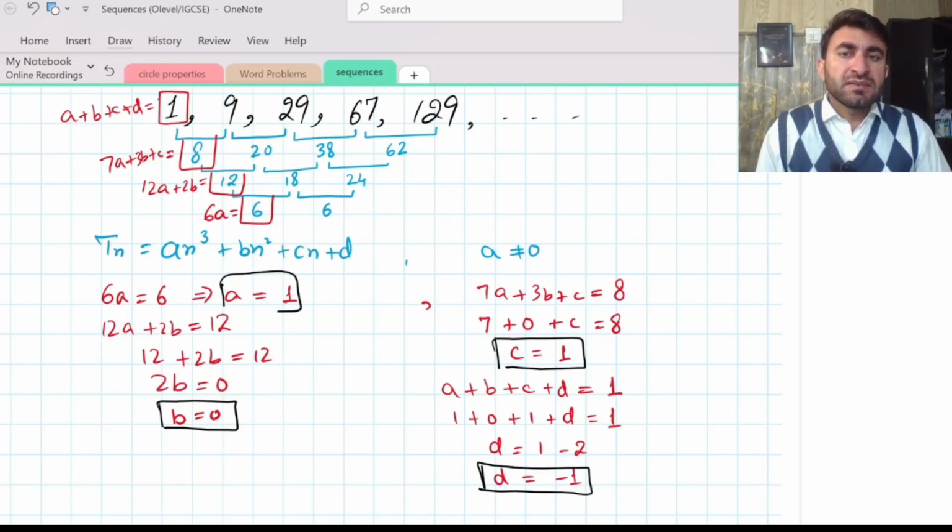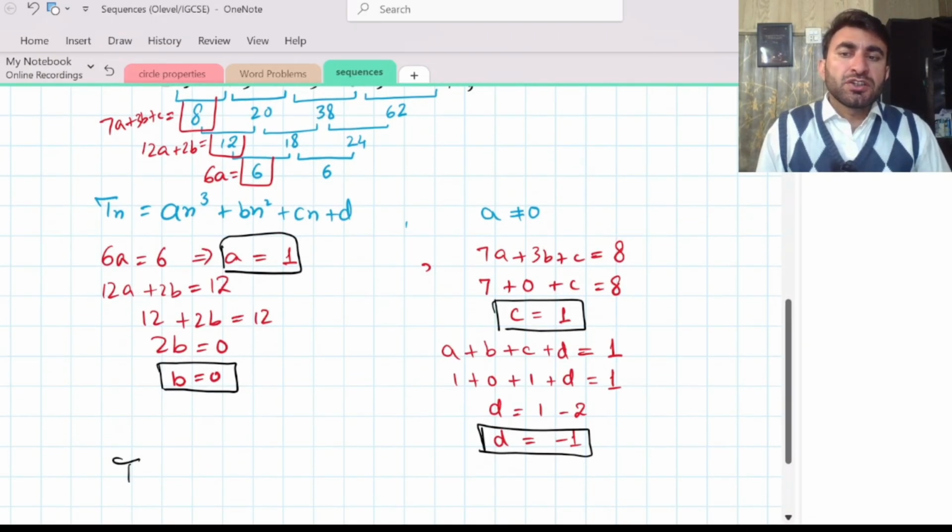So replacing these four values, the nth term becomes Tn equals an cube, and a is 1, so it becomes n cube simply, plus bn square, and we know b is 0, so this term vanishes, plus cn, and c is 1, so it is n, plus d, where d is minus 1.